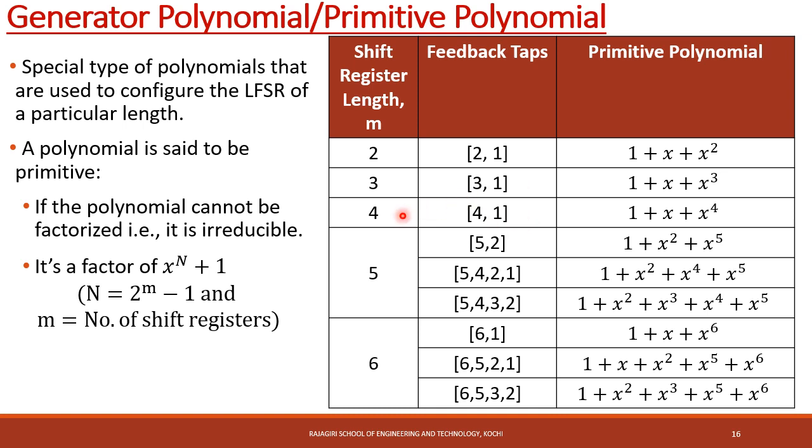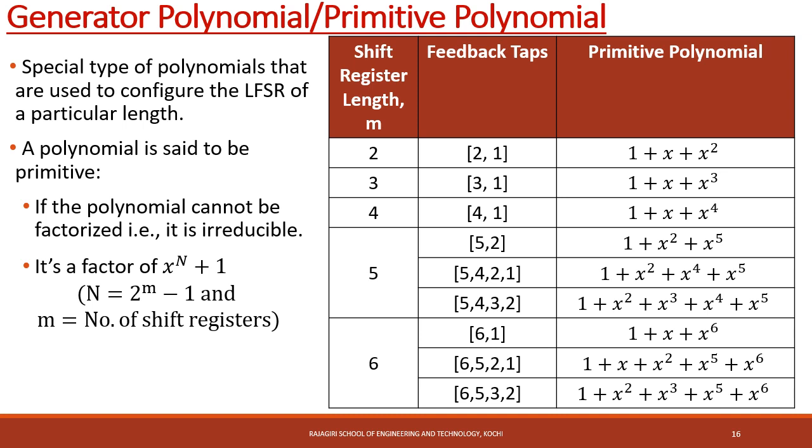Similarly, for each value of m, we have a set of primitive polynomials, so we can determine the taps or the positions where feedback has to be taken according to the polynomial. For m equal to 5, we have 3 different sets of polynomials. Similarly, for m equal to 6, we have 3 different sets of polynomials. For each polynomial, the PN sequence generated will be different.